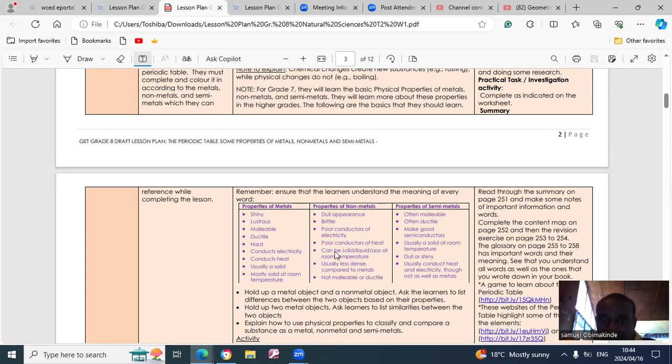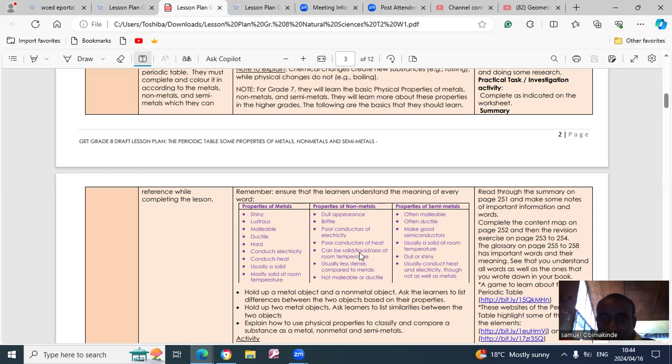Now, non-metals can be solid, liquid, or gas at room temperature. A very good example of a non-metal that is solid at room temperature would be your sulfur, right? Sulfur is solid at room temperature.